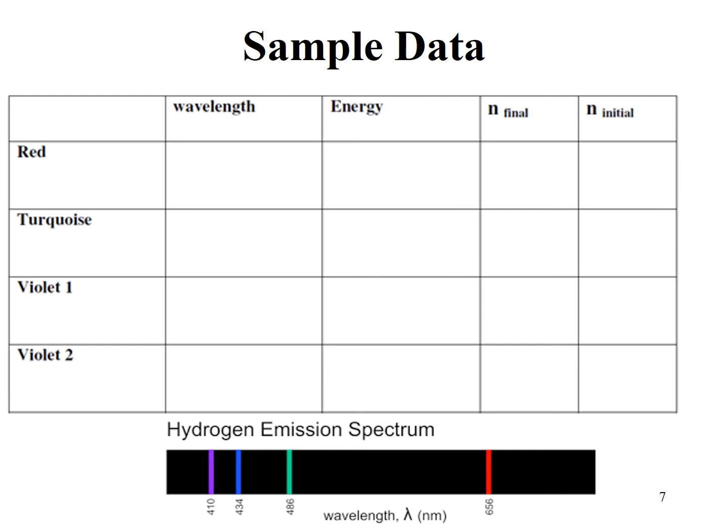So for the red line, you put 656 nanometers, then determine the corresponding energy, and then determine the transition, the energy levels, showing how the red line spectra was observed.